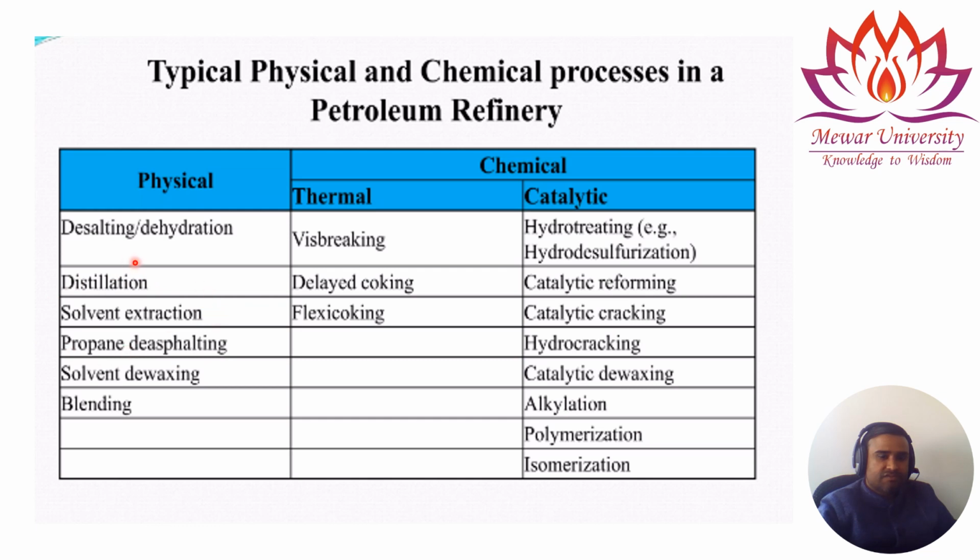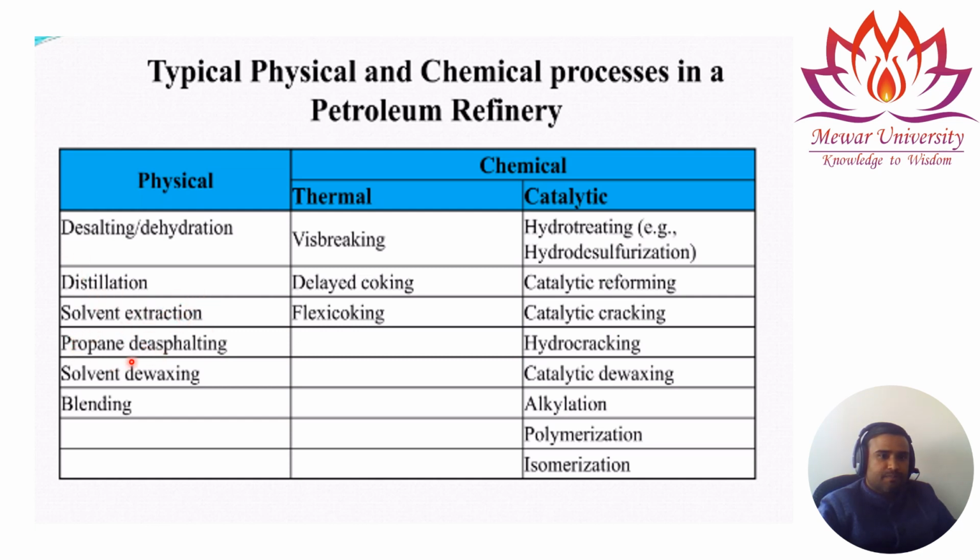This is a process of removal of one component when multiple components are dissolved, by using some special solvent like methyl ethyl glycol, methyl ethyl ketone or methyl isobutyl ketone, etc. These are the solvents used for extraction of components. Methanol is also sometimes used as a solvent for extraction.